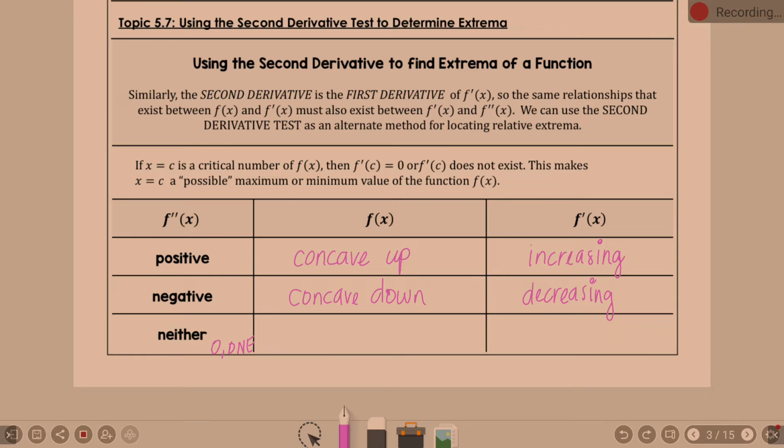So what's that mean about the original? If my second derivative is either 0 or does not exist, then on the original function it's a possible point of inflection. And that means on the first derivative, it could be a possible extrema. So a possible min or max.